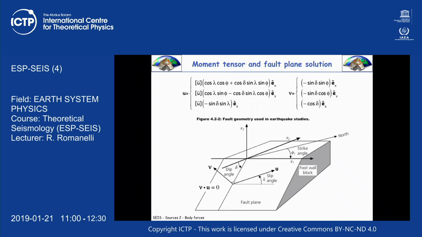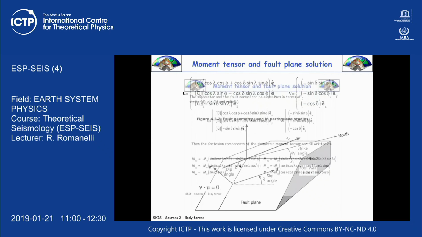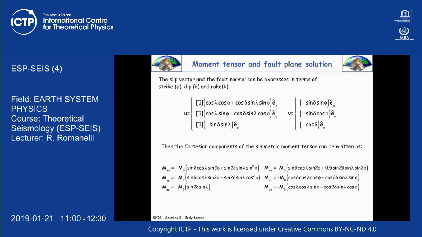Okay, the third and last description. The first one is using U and n, or strike, dip, and rake. Then the principal axes, but the third and last is using the seismic moment plus the moment tensor. So given U that has a physical meaning, a slip, and n, the fault, okay?